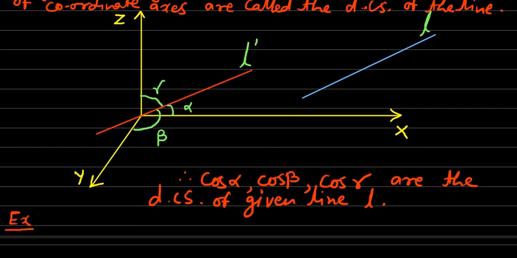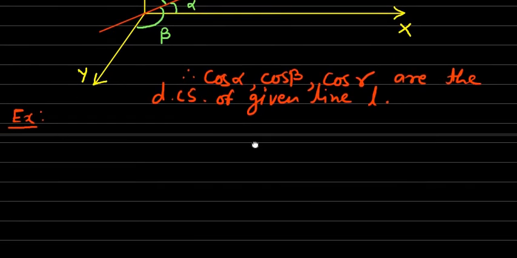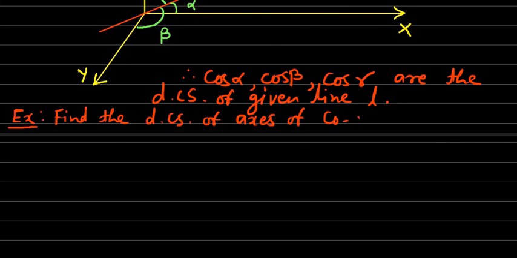In this example it is asked: find the direction cosines, means DCS, of axis of coordinates, or it can also be said as coordinate axes.